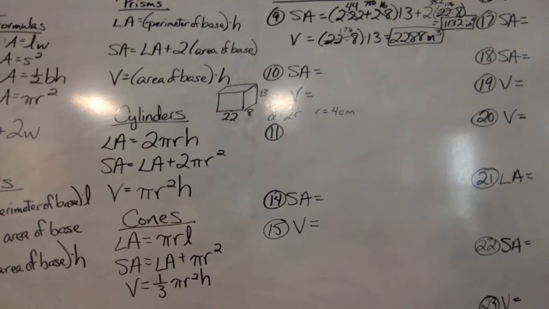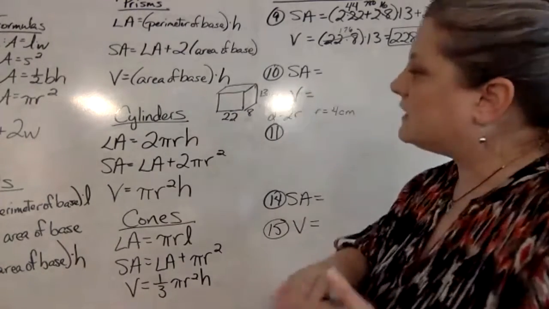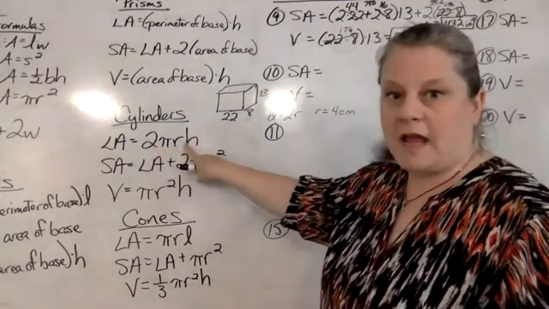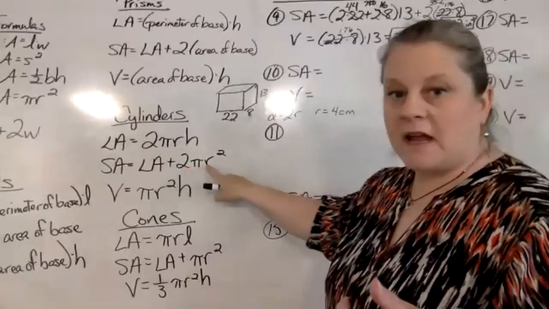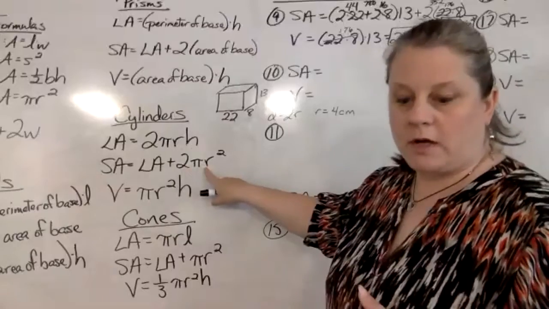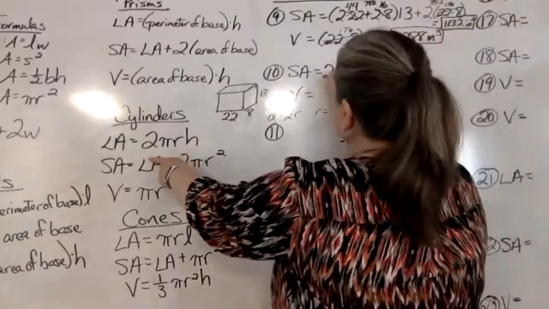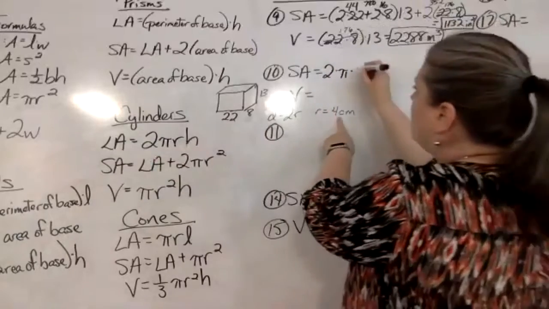So when we go to try this again, for cylinders, my surface area is my lateral area, so the 2 pi RH, and then added to the area of the two circles, the top and the bottom. So when I go to do this, I'm going to have 2 times pi times my radius, which we said had to be 4.